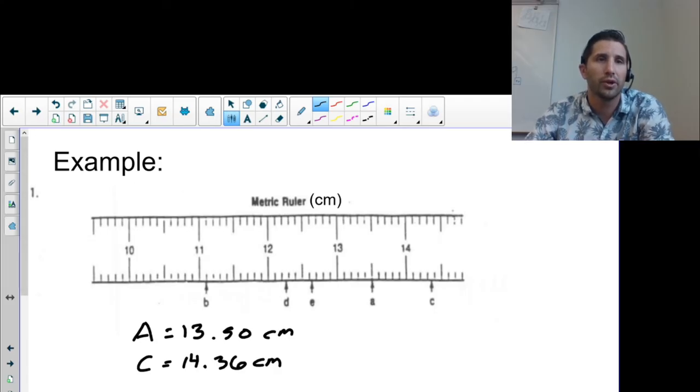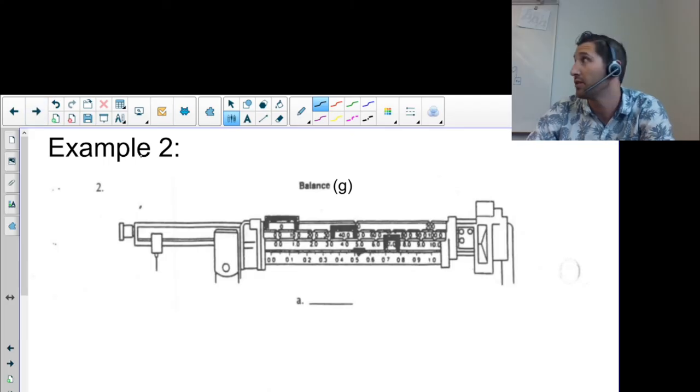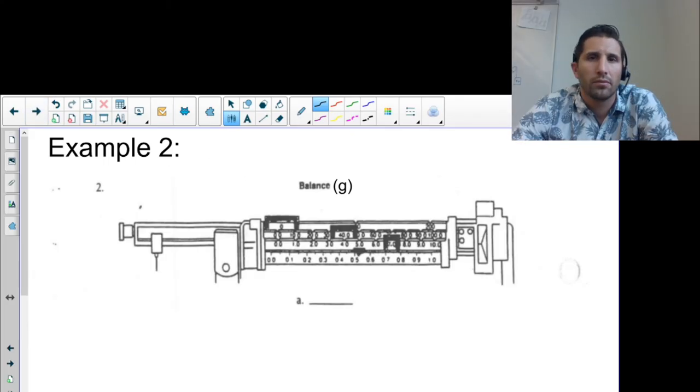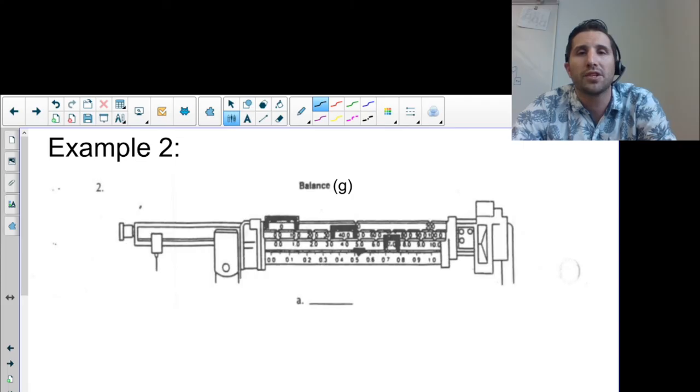All right, we're going to take a look at one more example, and that example is going to be for this balance. Let's look at this second example of measuring mass using a triple beam balance. A triple beam balance is something that we don't see a whole lot of anymore. We had some in the lab in the old building, but the new ones are digital. But it makes for a good example of how to measure using significant figures.